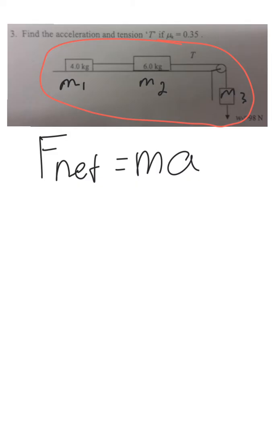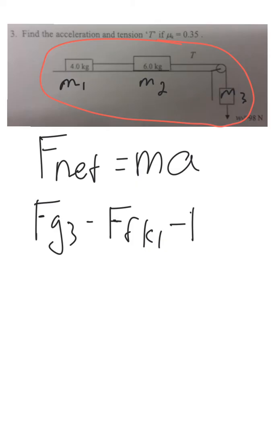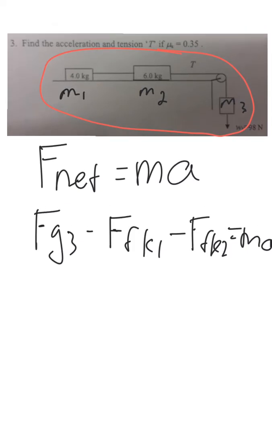So the net force affecting that system is going to be force of gravity 3, because the whole system wouldn't even move if force of gravity 3 wasn't there, minus the force of friction kinetic 1, minus force of friction kinetic 2, and that's going to equal ma.